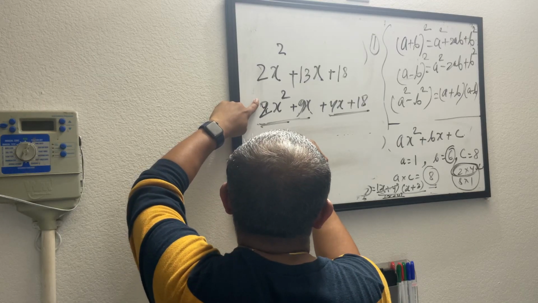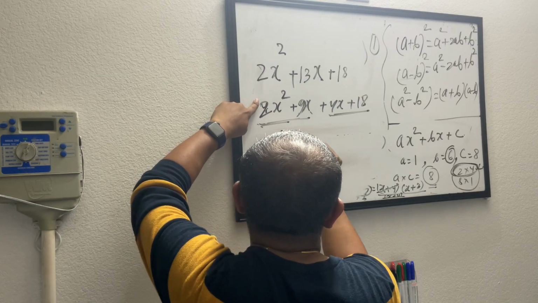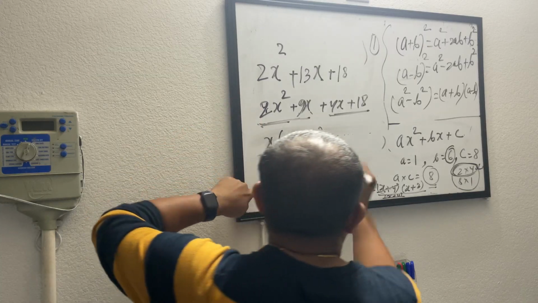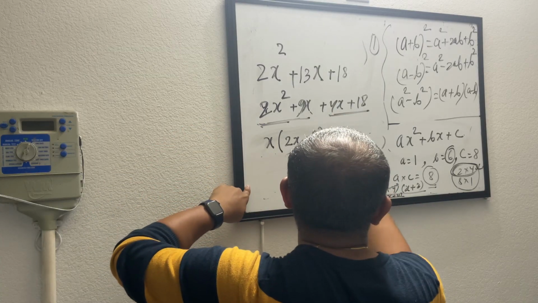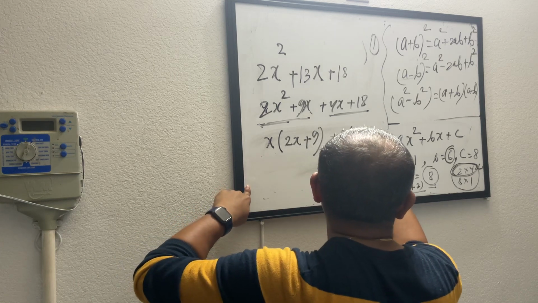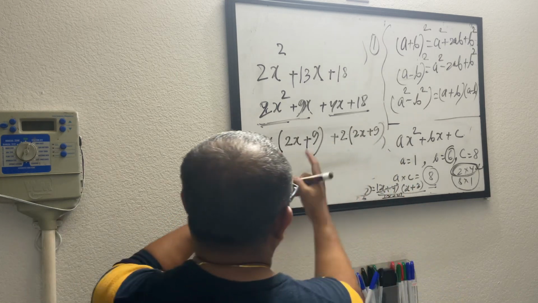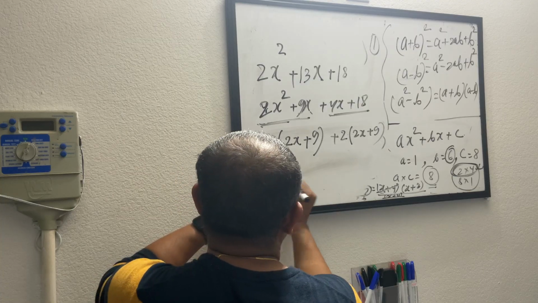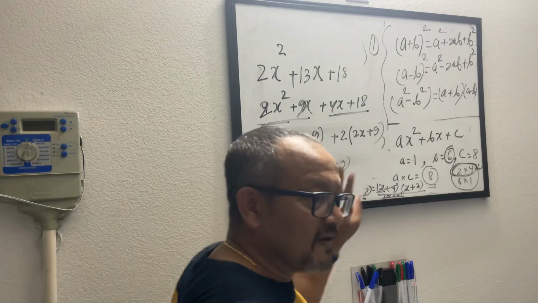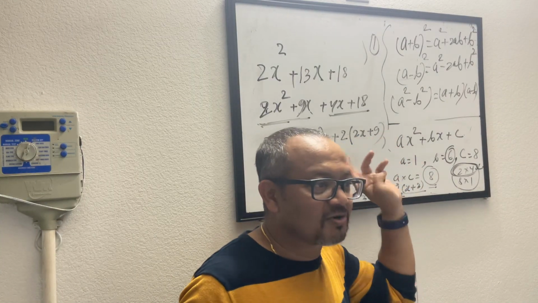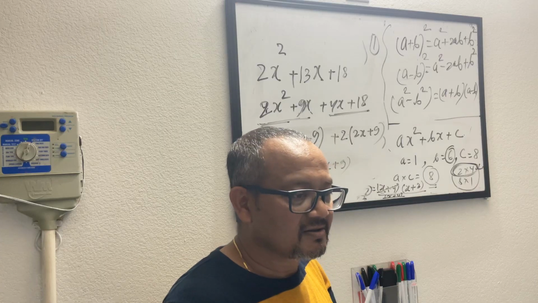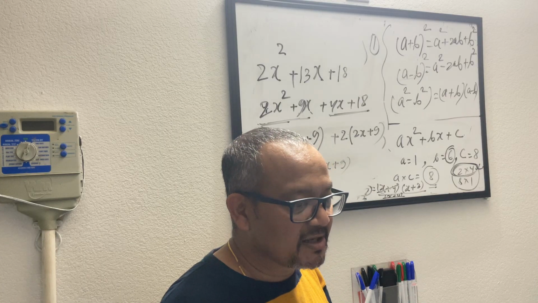It becomes 2x plus 9. Okay? And between these two terms, what is common? Only 2 is common. So it becomes 2x plus 9. See, what did I get? X plus 2 times 2x plus 9. Same thing. Even flipping them, whichever you want to take first, that doesn't hurt. It gives you the same answer.